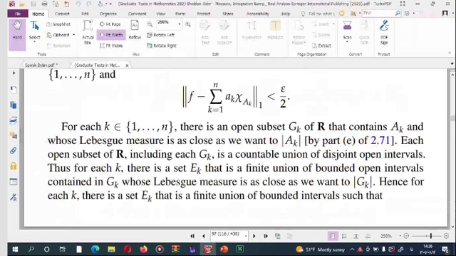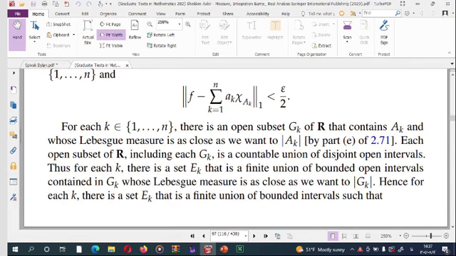So in the second part we see that each open subset of R, including each G_k, is a countable union of disjoint open intervals.